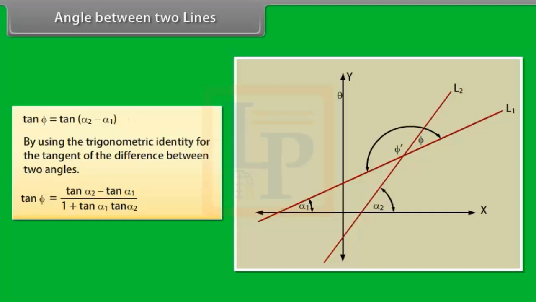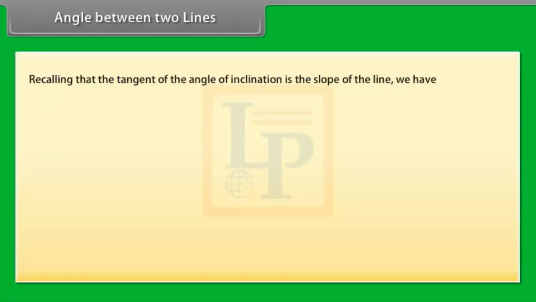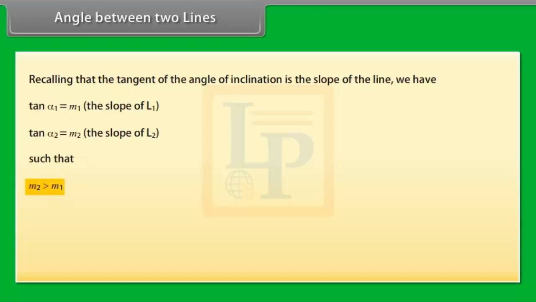Recalling that the tangent of the angle of inclination is the slope of the line, we have tan alpha 1 = m1, that is the slope of L1, and tan alpha 2 = m2, that is the slope of L2, such that m2 is greater than m1.